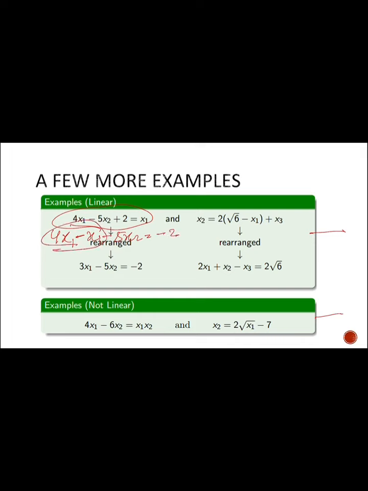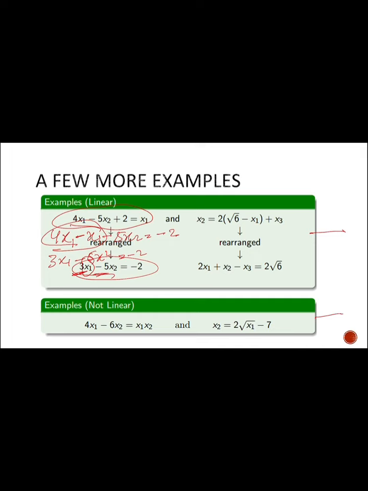Solve this part, it becomes 3x1 minus 5x2, and then equals minus 2. There it is. So there is a coefficient, 3, for x1, minus 5 as the second coefficient for x2, equal to minus 2.